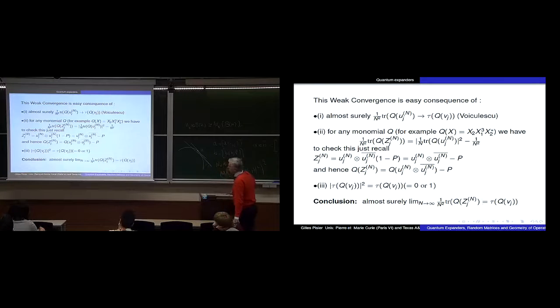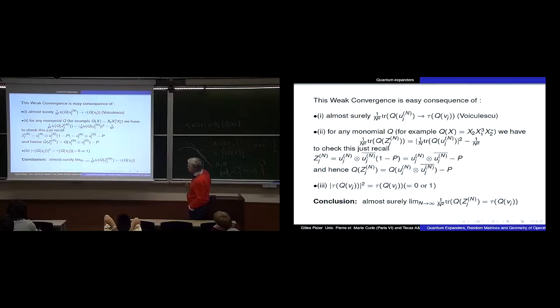So the weak convergence in this setting is actually an easy consequence of known results. First, a result of Voiculescu says that if you just select the unitaries, you don't bring this z up, you just look at the unitaries, then they converge to this free family V_j associated to the free generators in distribution, so in this weak moment condition.